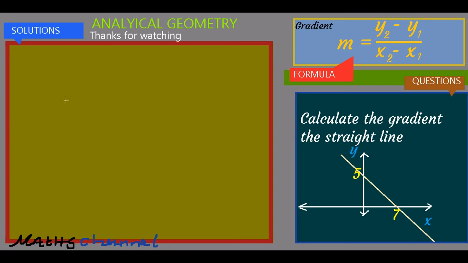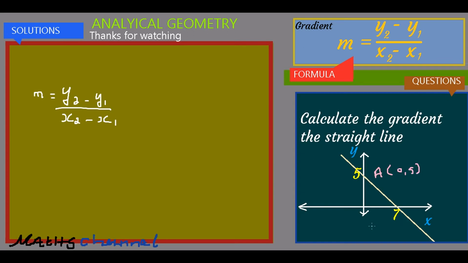So if you are given something like this, they said find the gradient, and we are not sure which point, because we are given 5 here and 7 here. It didn't mention any other number. So the point here, x is 0, y is 5.